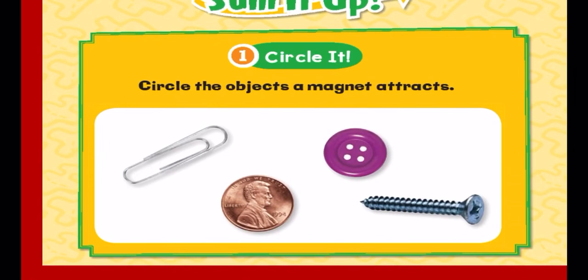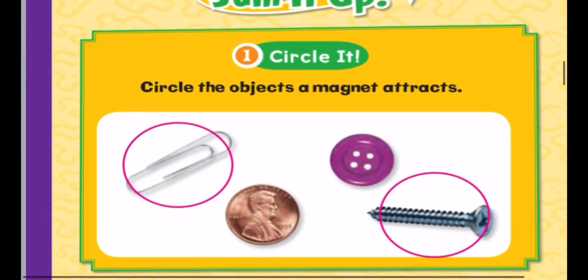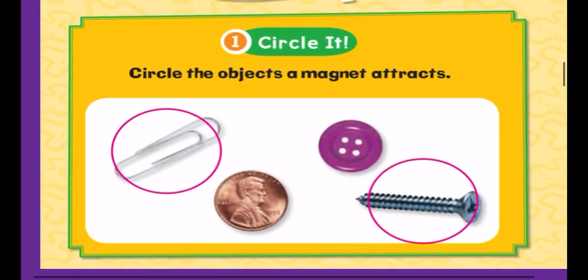Are you ready for the answer? Excellent! The paper clip and the screw, because they both are made of metal or iron. So, a magnet attracts objects that are made of metal or iron.